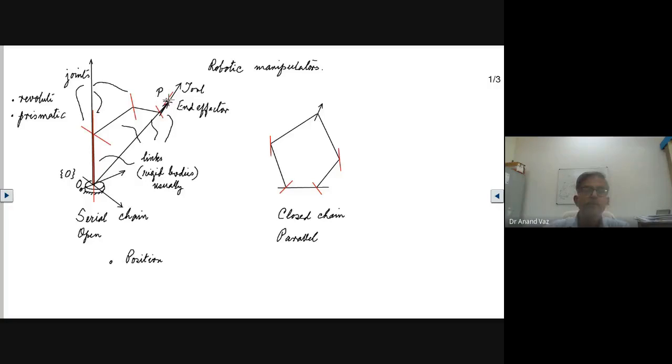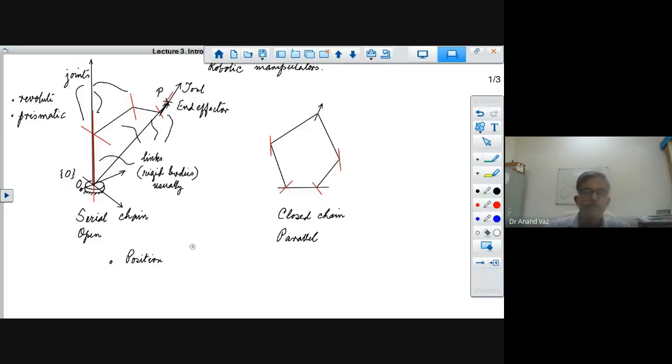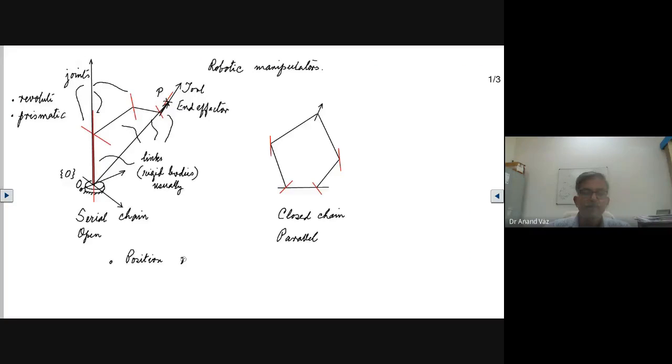So here we have the position of the point P with respect to the frame 0. When we write this graphically, this is the vector which we have represented here, position of the point P with respect to 0.